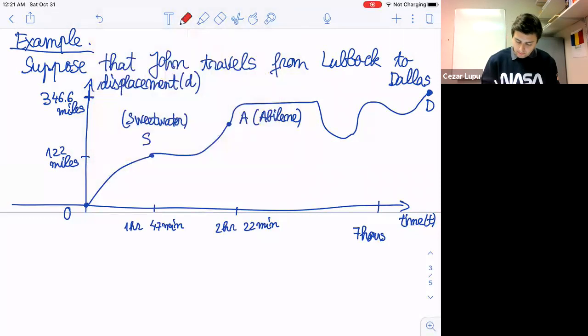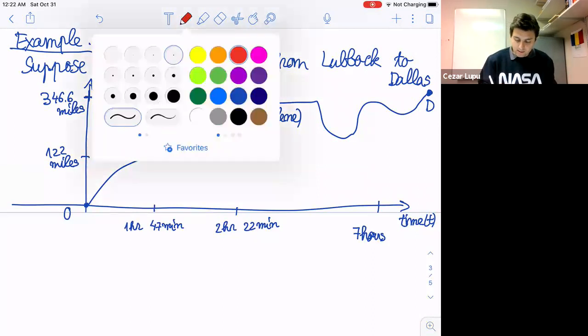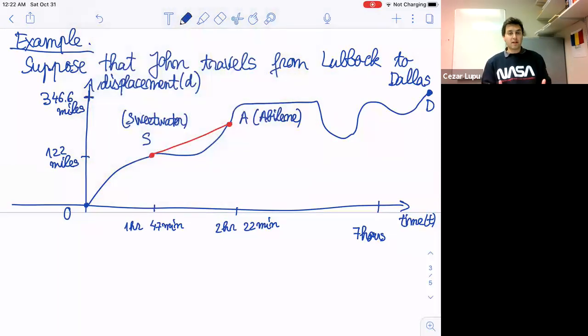let me draw the line between these. Of course, the shortest distance between Sweetwater and Abilene is a line, not like going like this. But anyway, because this is like a real situation, we would like to see what is the average speed.